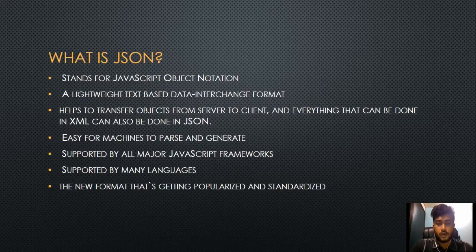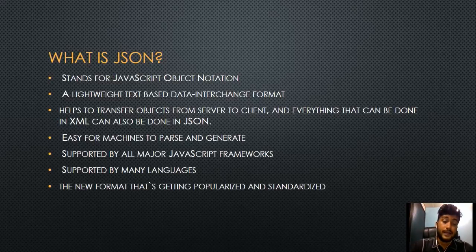JavaScript Object Notation, a lightweight text-based data interchange format. JSON is mainly based on objects, and specifically Java objects, and it's very light and simple.